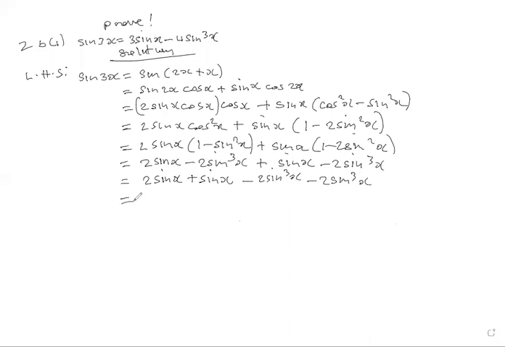Simplifying, we observe that these are like terms and they're adding. This is 2 of each, that is a single quantity. So we get 3 sin x. Here also, we observe that this and this are like terms. So when we simplify, we get minus 4 sin power 3x.